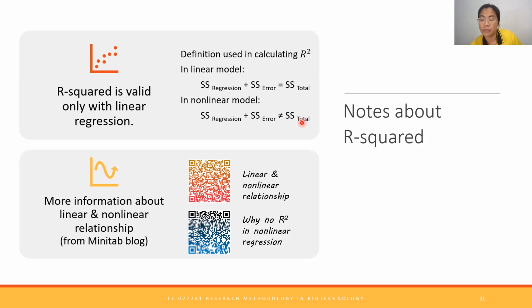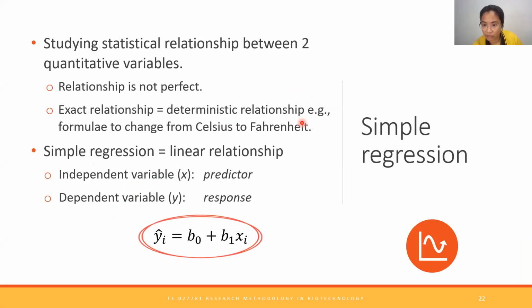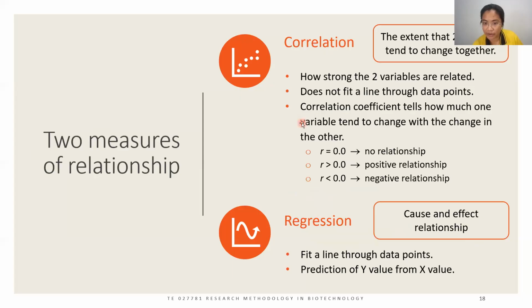It includes the topic of regression, which is the cause and effect relationship. So it's a prediction of y values from x values. Because it measures the relationship, it has to include the regression as well.